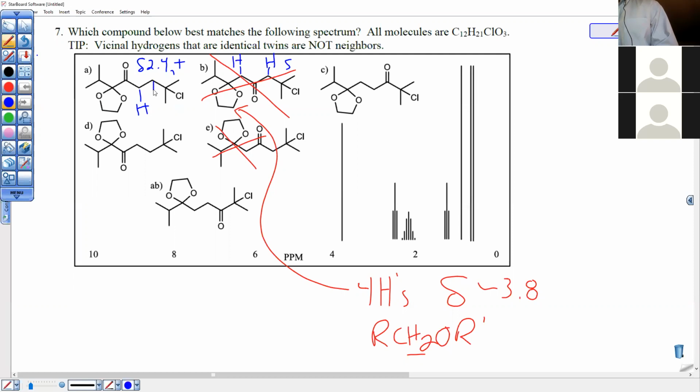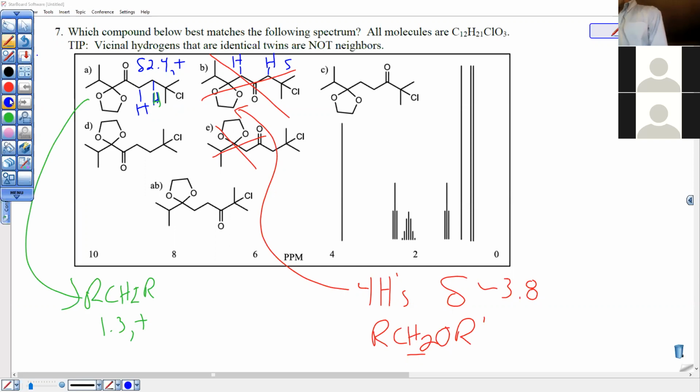What would this be? Should put it in green. That's an RCH2R. We'd expect that around 1.3, and we'd expect it to be a triplet in A. And we have that.